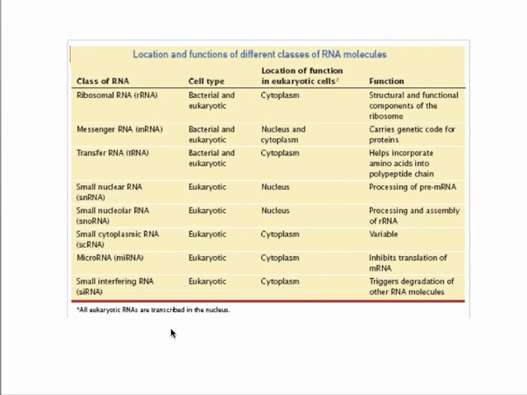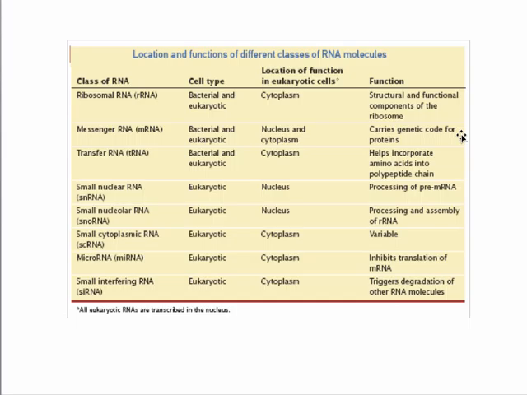This chart gives you an idea of some of the functions of these types of RNAs that you might not have seen before. So up at the top we have the traditional types of RNA that most people are familiar with. So ribosomal RNA is actually a component of the ribosome that helps to convert messenger RNA to proteins.